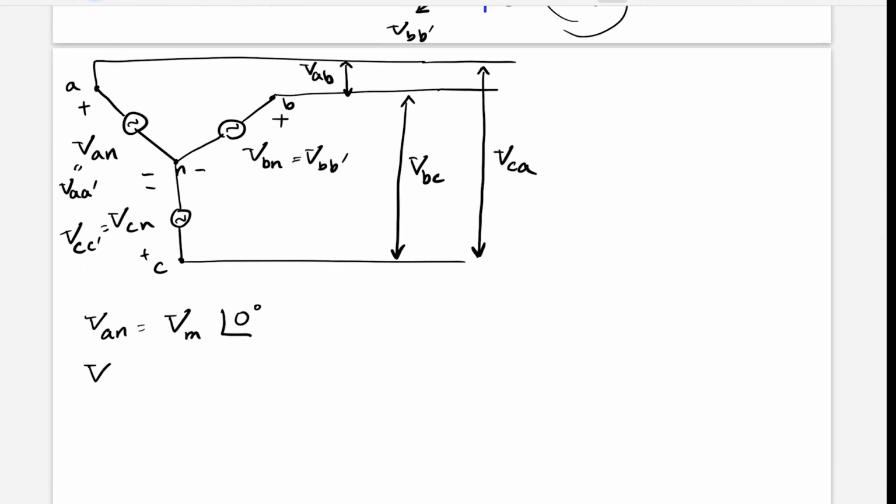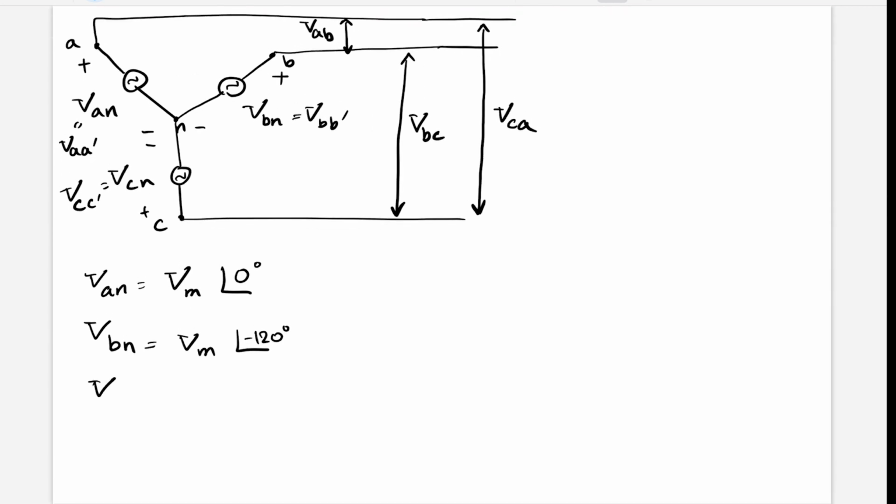So accordingly, VBN should be Vm with minus 120 degrees phase, and VCN should be Vm with plus 120 or minus 240 degrees, we can say. Now, how can we find VAB, VBC, and VCA? How can we find these?